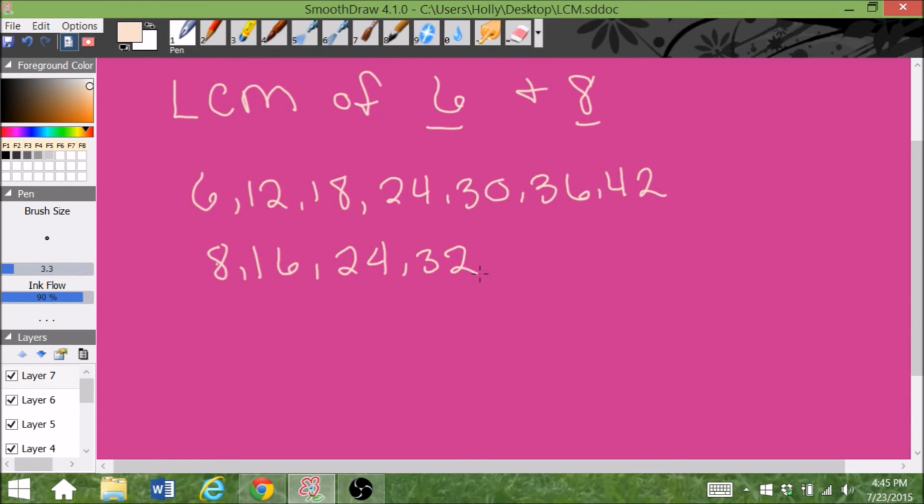I'm going to go ahead and stop because I notice that I have a pair that matches. Remember, it has to be the least or smallest common multiple. So the first one you have in both lists that are the same, you can stop. So the LCM equals 24.